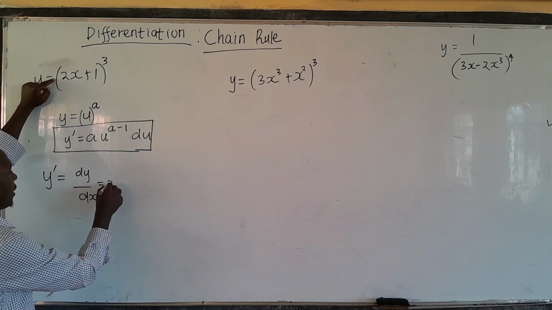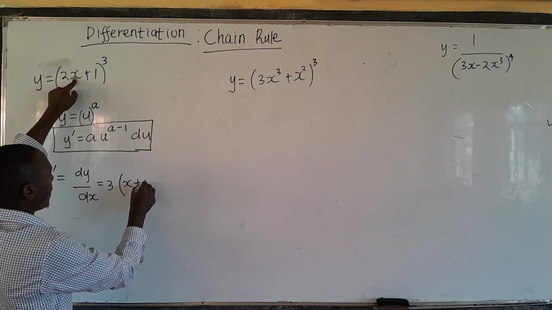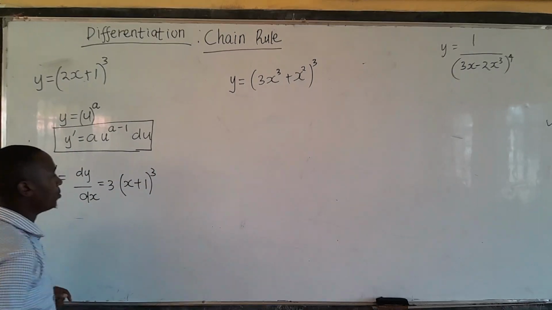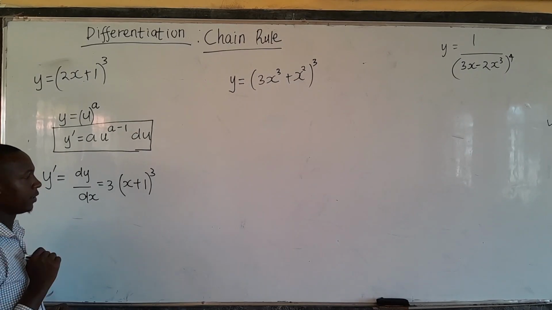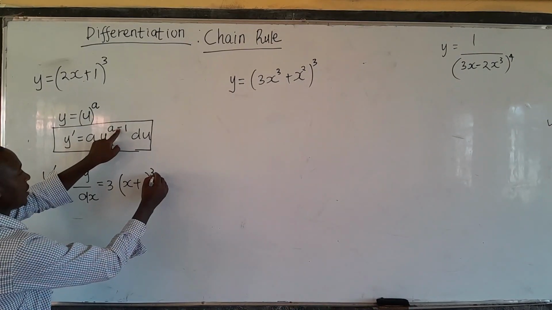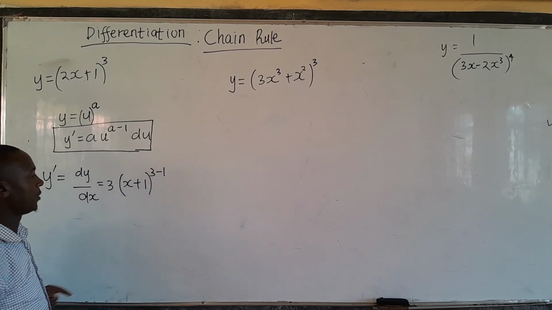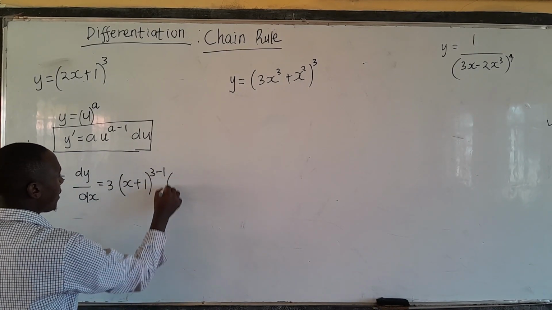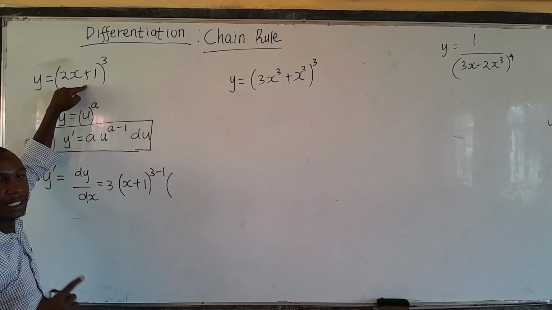So that is going to be 3 multiplied by the function, (2x plus 1) cubed. So that is the first thing. But the power, we have to subtract it by 1. So we subtract 3 minus 1. And then we multiply that by du. Du means the derivative of what is inside the bracket.